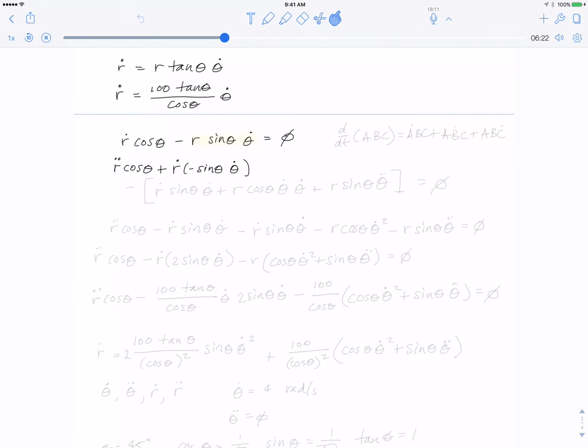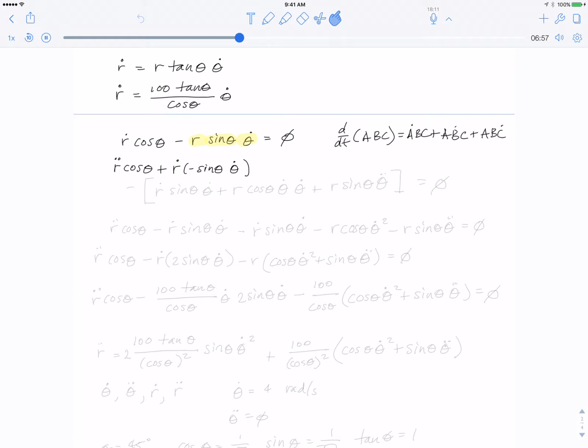As a quick reminder, when you have three things, like here, r, sine theta and theta dot, when you take the derivative of a product of three things, d dt of a times b times c, that is the derivative of each one in turn, like this. That's the triple product rule. So we're going to do that, where a is r, b is sine theta, and c is theta dot.